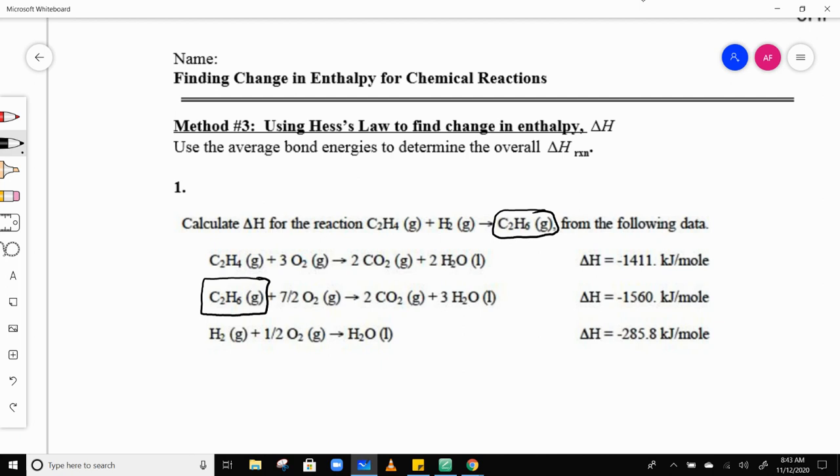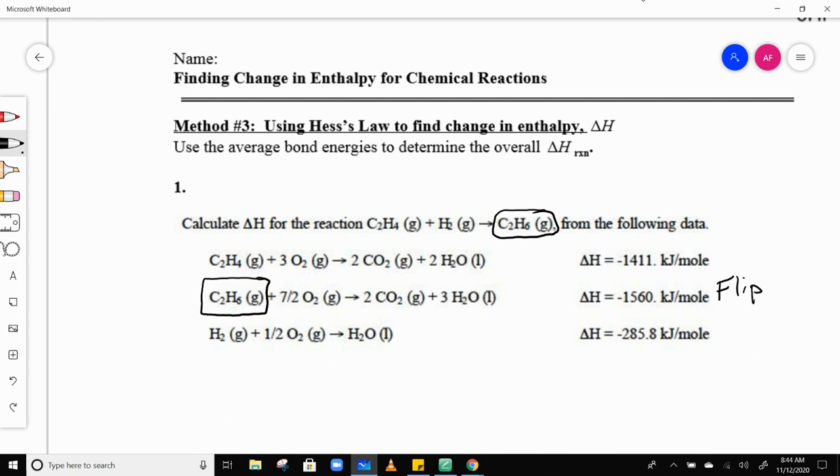So what we have to do is flip this reaction. Basically, we're going to manipulate these three reactions. Either we can flip them or we can multiply them by a number, and then combine them to form this reaction.